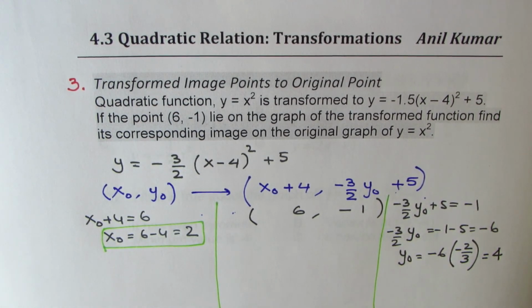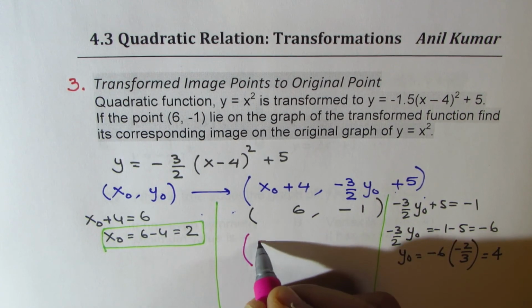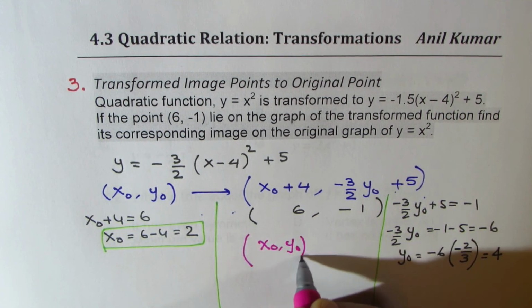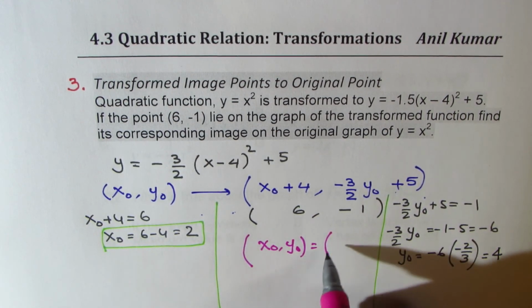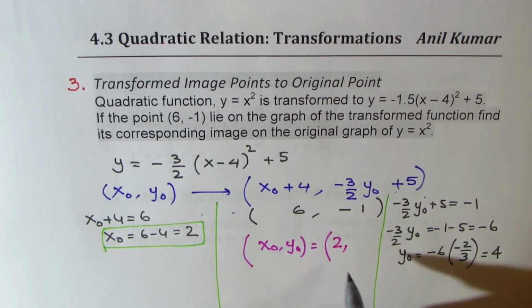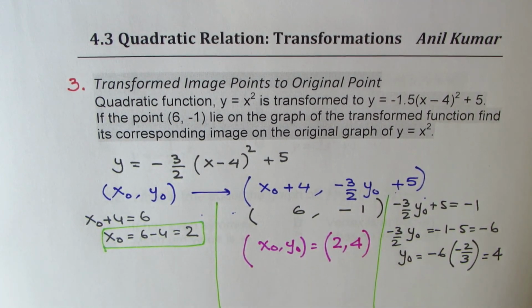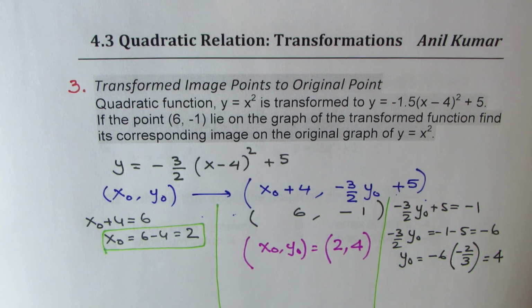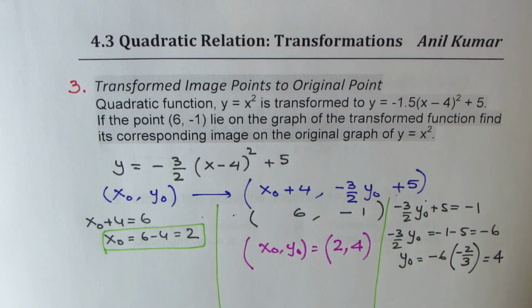So the original point (x0, y0) is (2, 4). Correct? That is how we are going to answer this. I hope that's absolutely clear. So you need to do reverse calculation to get the points on y equals x squared from the transformed function. Let's move on and take up some multiple choice questions now.